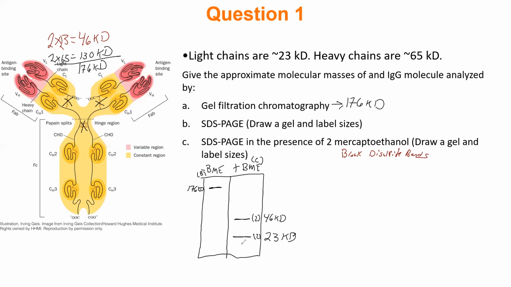They would appear as one band. I mean, the band might be a little bit thicker than what I have here, might not be nice and crisp, might be a fat band, but it would not be two separate bands for a light chain or two separate bands for a heavy chain.